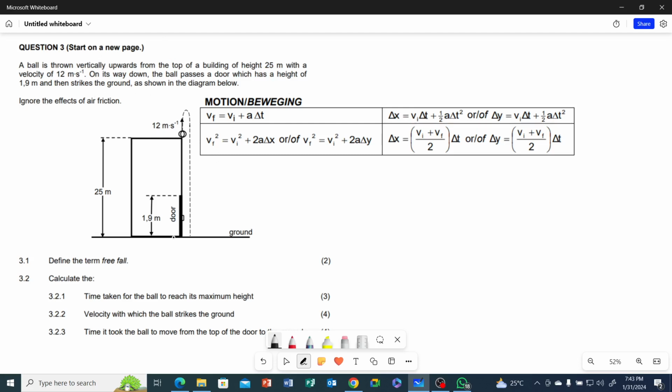Okay. Now question 3.1, define the term free fall. Free fall is the motion under the influence of gravity.